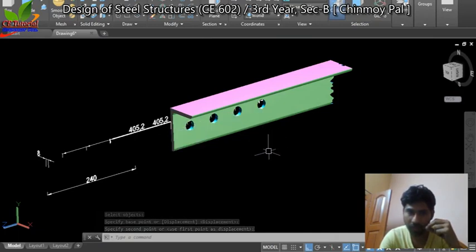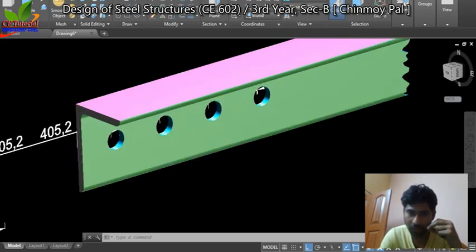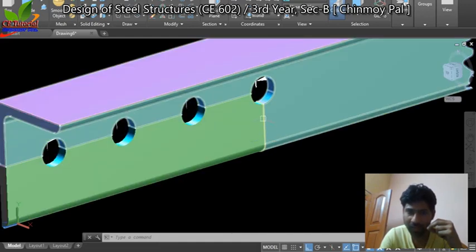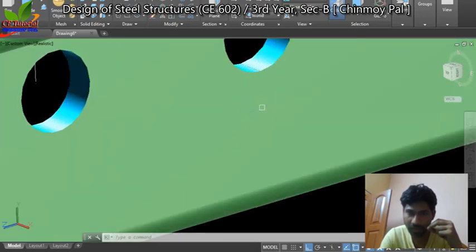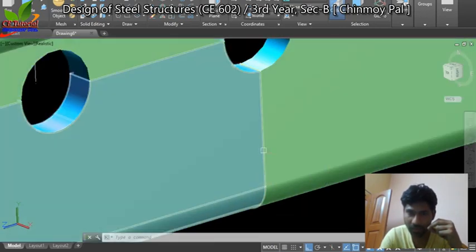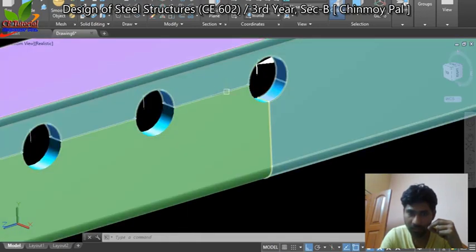Now if the tensile force exceeds the design strength at this surface, you can see one line, here is a surface, and you can see another line, here is another surface.